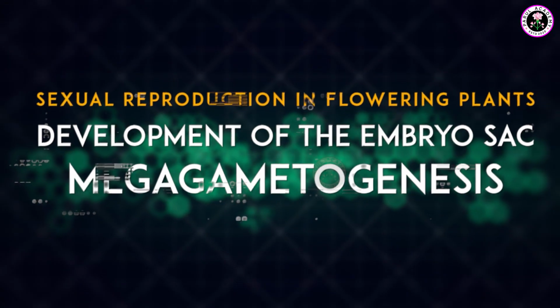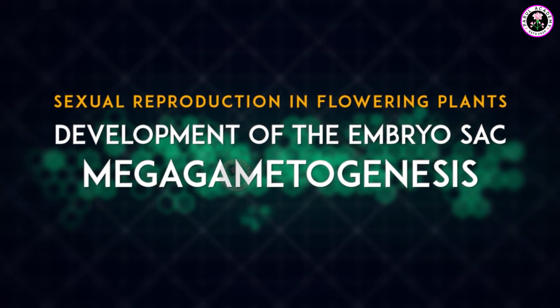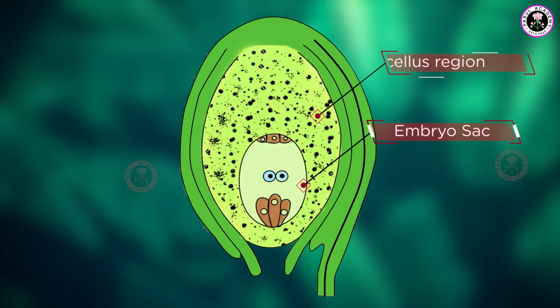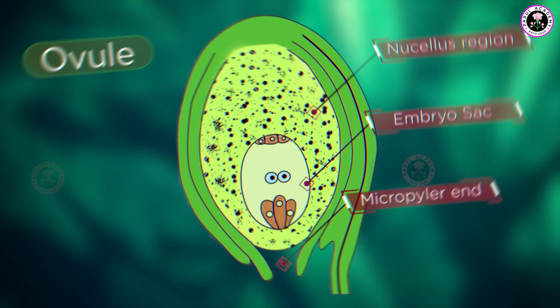This is Debadrita from Parul Academy, and in this video let us discuss the development of the embryo sac or female gametophyte, which is called megagametogenesis. The embryo sac is present in the nucellus region of the ovule towards the micropylar end.